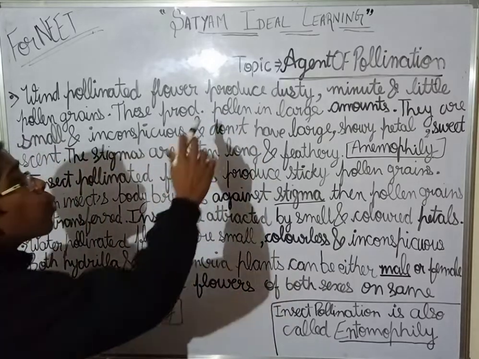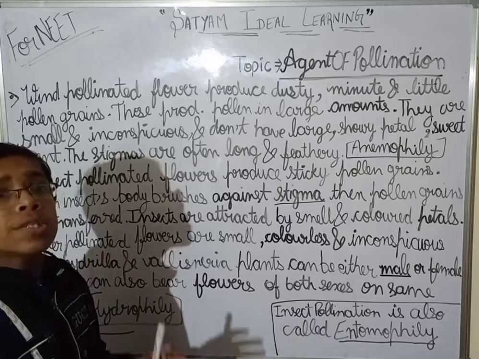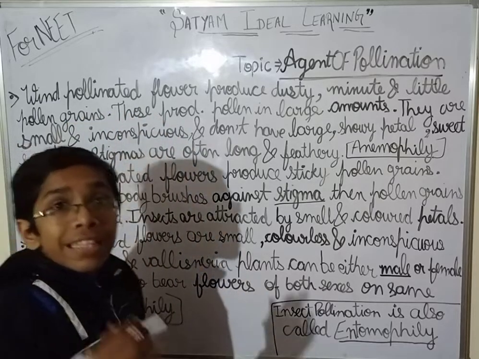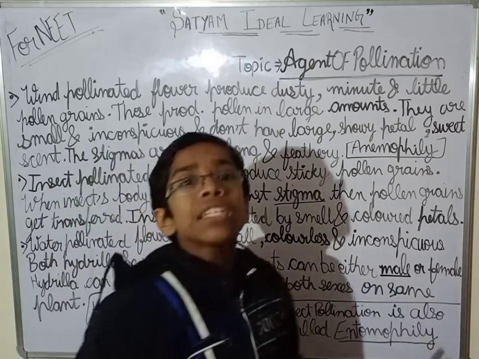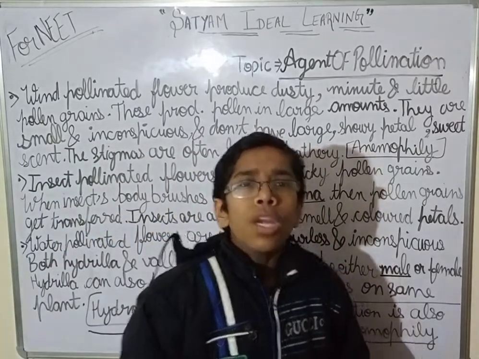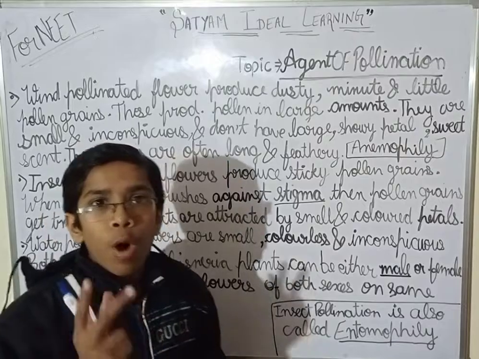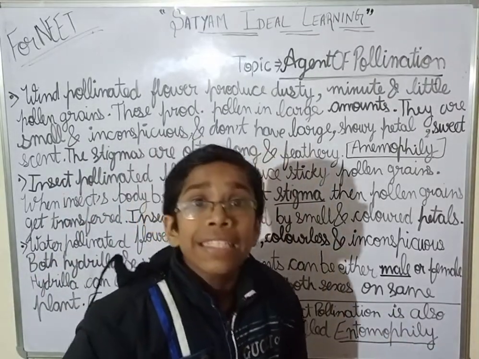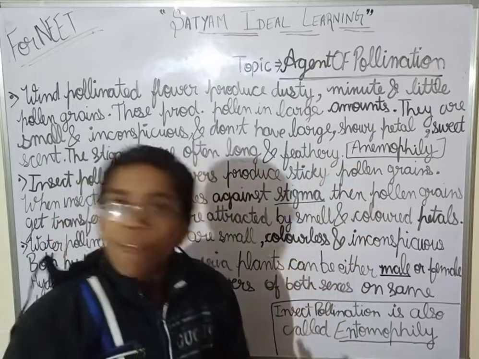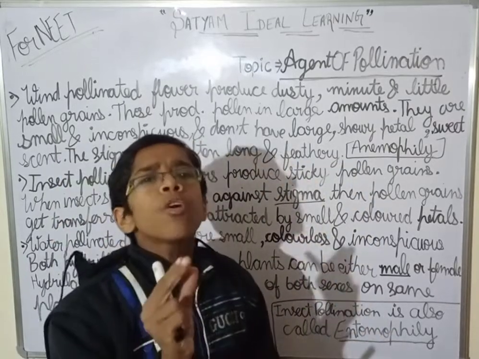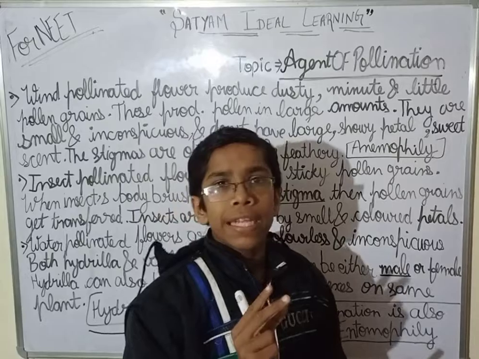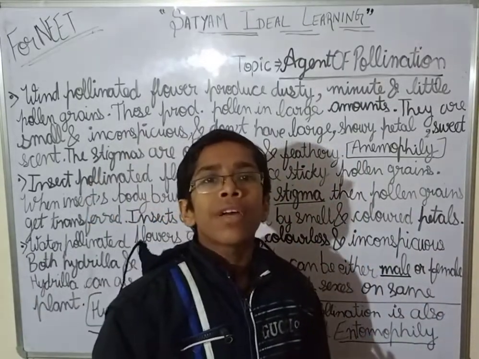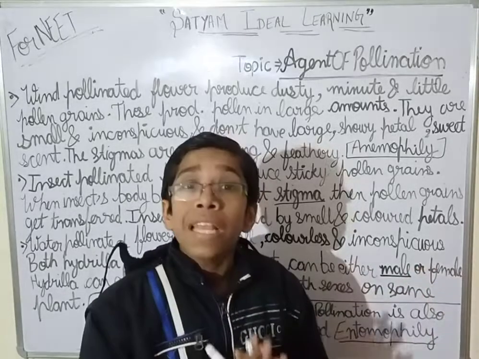Now why is pollen produced in large amounts by wind pollinated flowers? Because only a few of the pollen grains reach the destination, which is the stigma of the flower, and most of them are wasted.